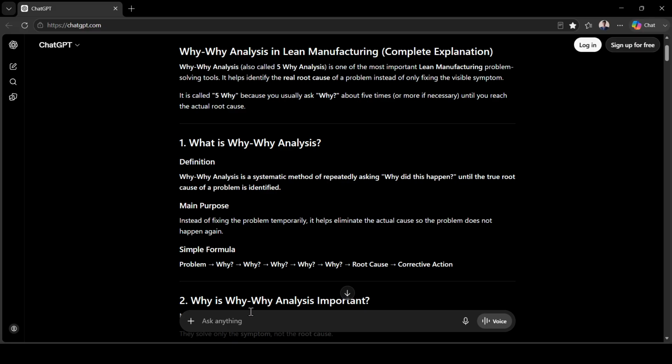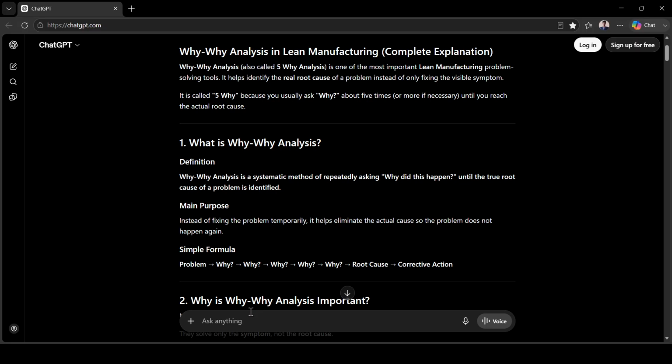First is why analysis in lean manufacturing. So what is why analysis? Why analysis, also called 5 why analysis, is one of the most important lean manufacturing problem solving tools. It helps to identify the real root cause of a problem instead of only fixing the visible symptoms.